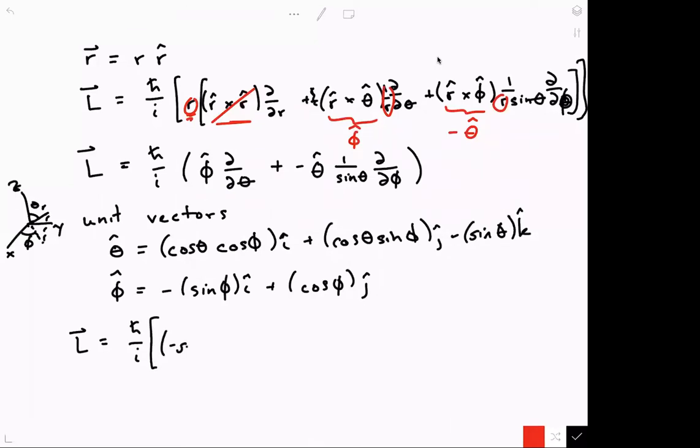So negative sine phi i plus cosine phi j hat. So lots of trigonometric functions. Gonna have to go on 2 lines here.